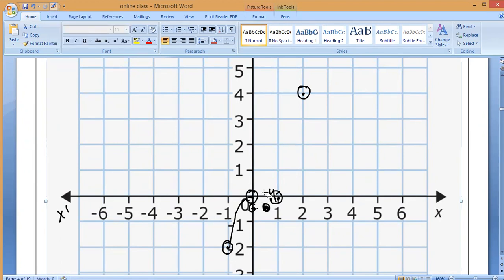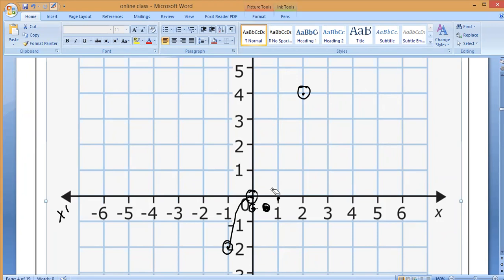See why we are not joining 0 and 1 directly: because in between, 0.1, 0.2 like that, an infinite number of points will come. It will become an infinite number of solutions. This function, x cube minus x square, has a maximum of how many zeros possible?